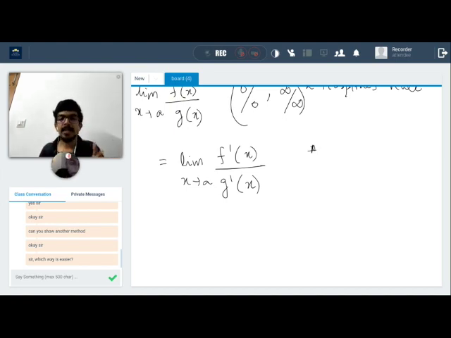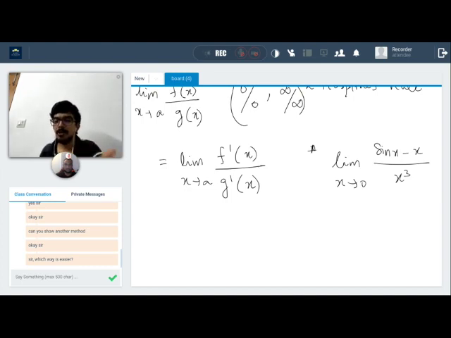And the other point I said is that if after using L'Hopital's rule we end up getting one more function of the form 0 by 0, we have to keep using it again and again. For example, suppose some question is limit x tends to 0, sin x minus x by x cube.